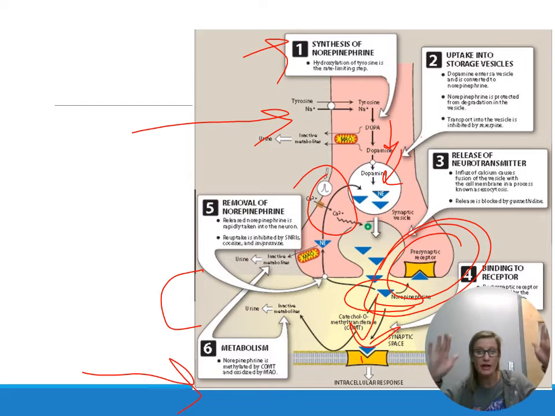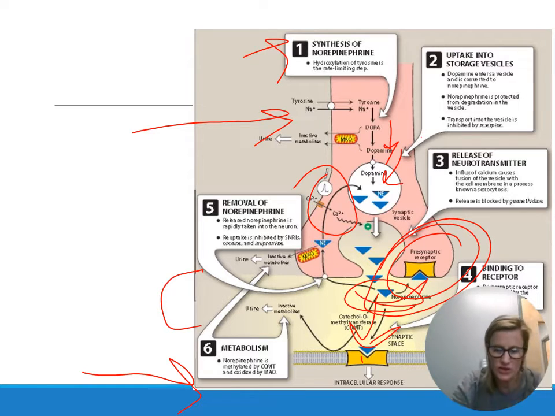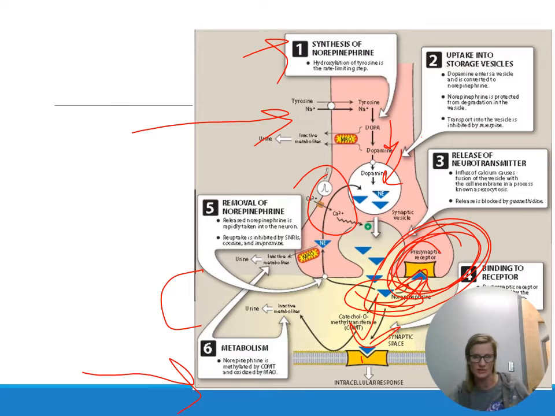So the neuron that released that norepinephrine has receptors that the norepinephrine can bind to. Those actually modulate the release of norepinephrine. So if there's enough norepinephrine floating around that it's binding to these presynaptic receptors, that actually decreases the release of norepinephrine because there's already enough in the cleft, you don't need to release any more. So that receptor is actually a modulator.